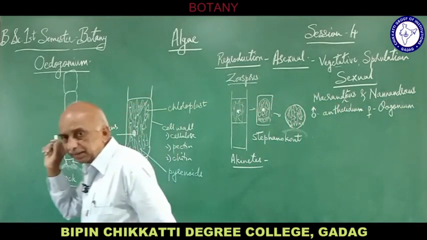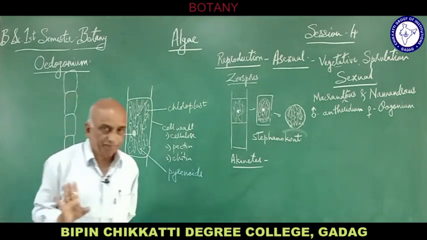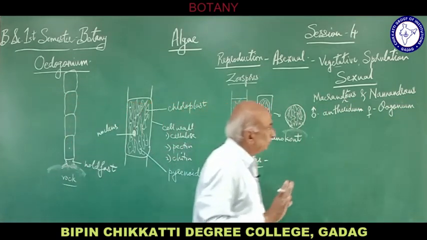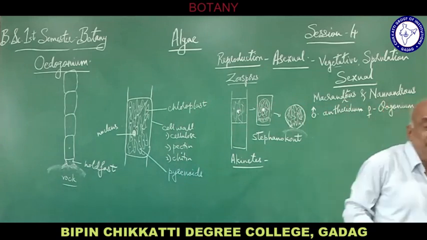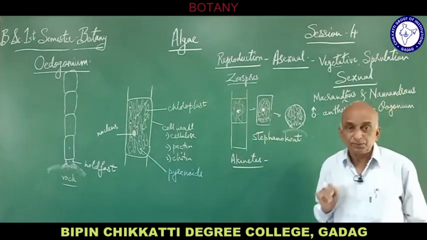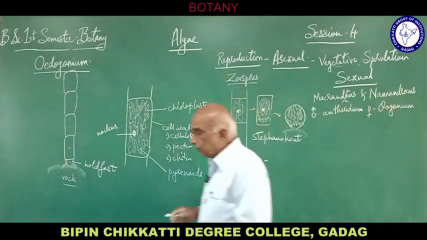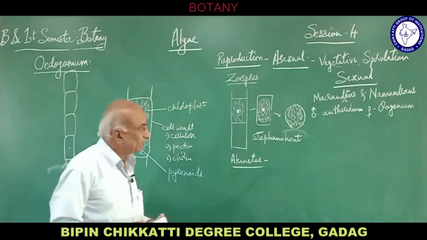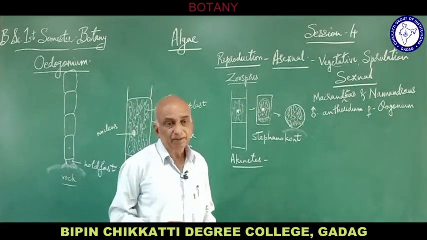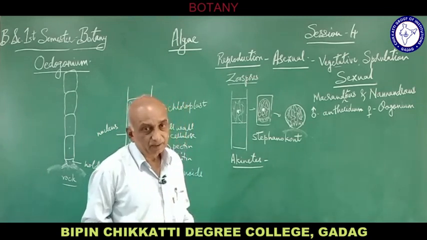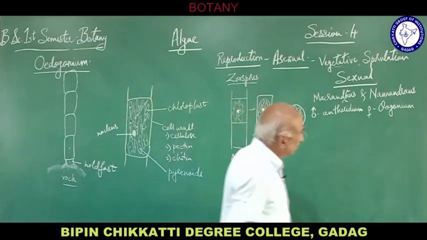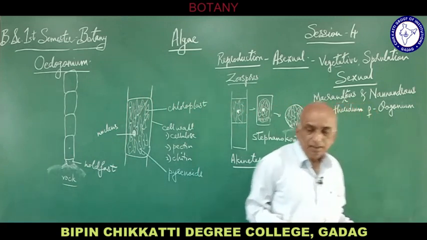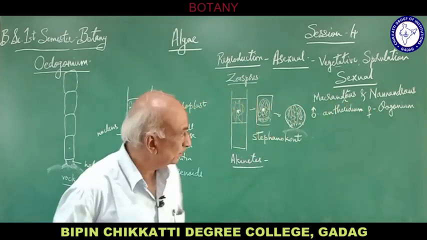In macrandrous the filaments are normal. In nanandrous the filaments are short, particularly the antheridium is very short. But the production of gametes is the same. Only the nature of the filaments is different. In nanandrous the filaments are somewhat particular in nature.